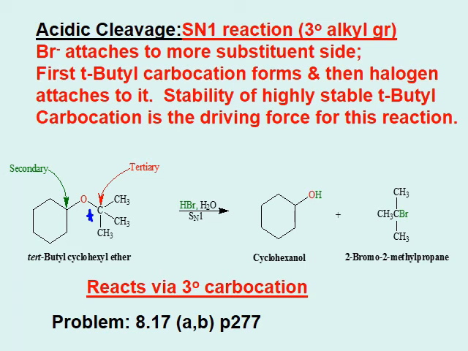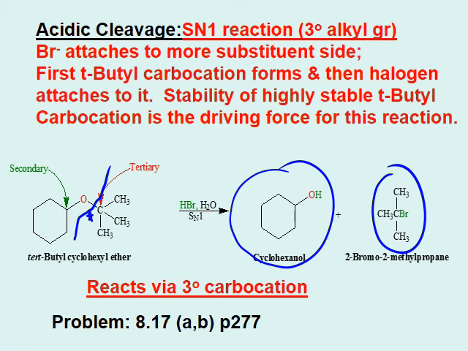So basically, you first get the cleavage of this bond with the formation of carbocation, and then Br gets attached like this, and then hydrogen goes to the other end. So you get this compound.